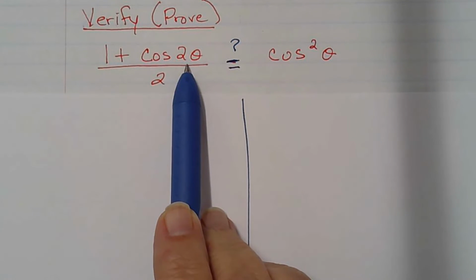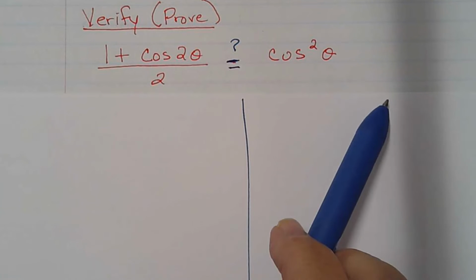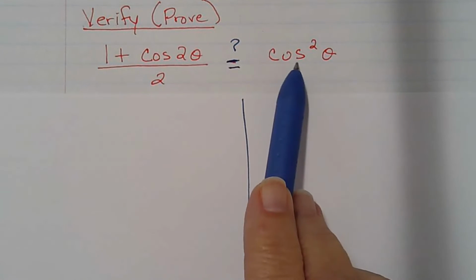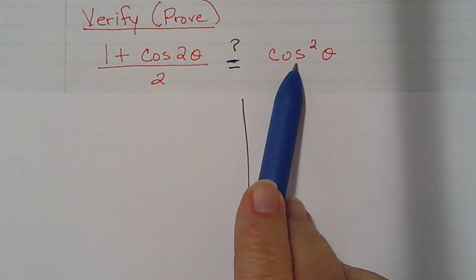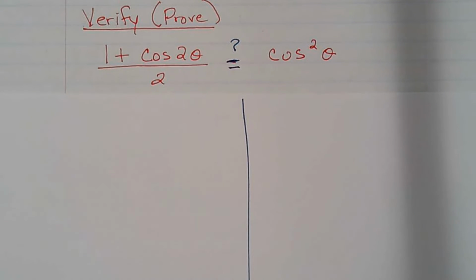So you take a peek at your other side. You want your other side to be cosine squared theta. So do you have any need of having sine theta in your problem? No. So that's why I would say let's choose the middle cosine double angle identity.